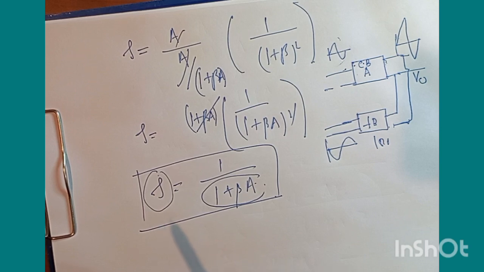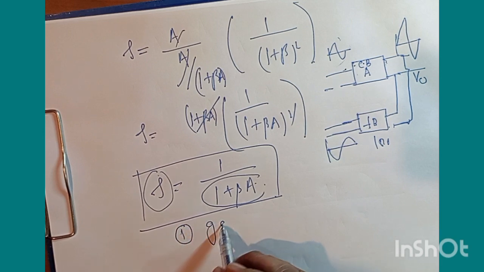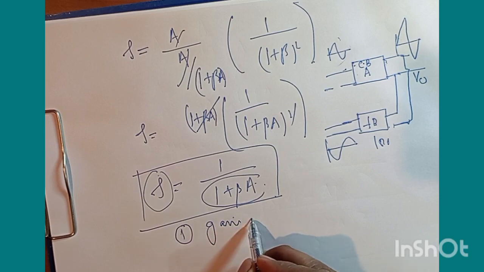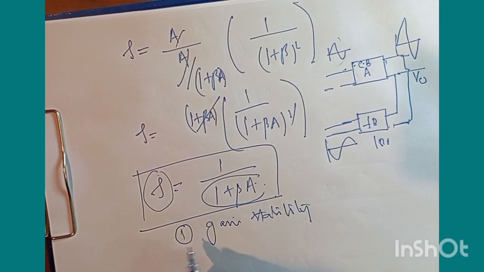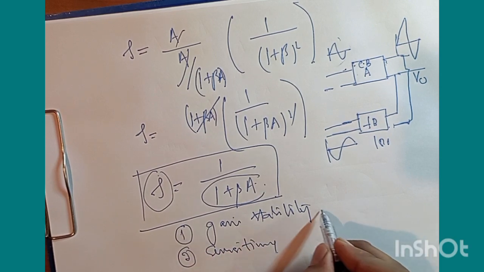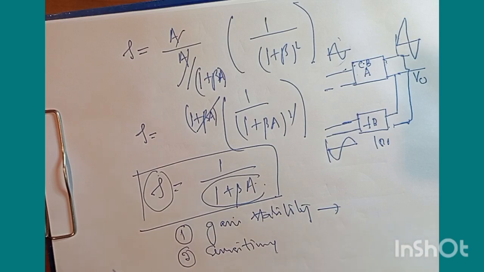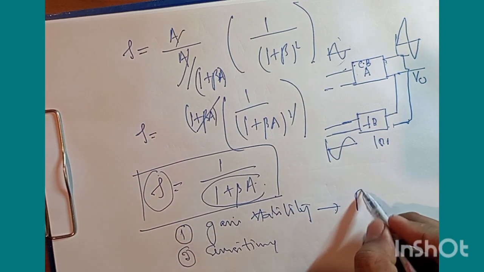So if I compile the two things that we discussed, the first thing we discussed was gain stability, gain stability using negative feedback. The second important thing is sensitivity. Here we have seen that the gain is independent of everything. It only depends on the feedback ratio beta.